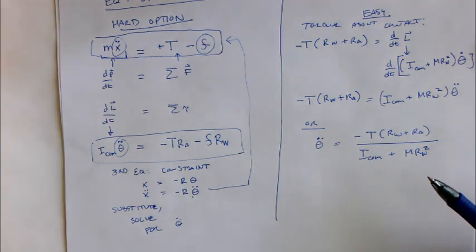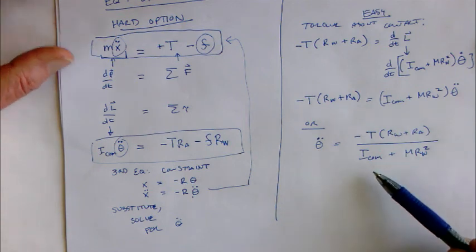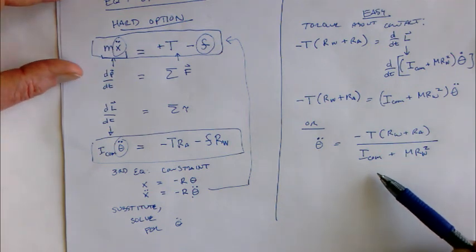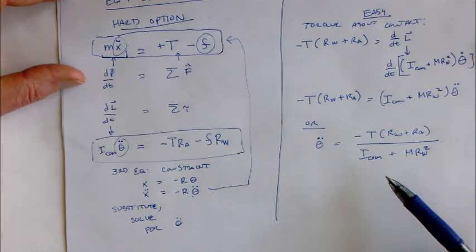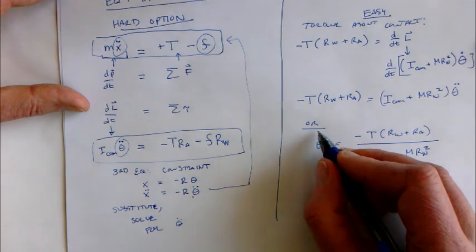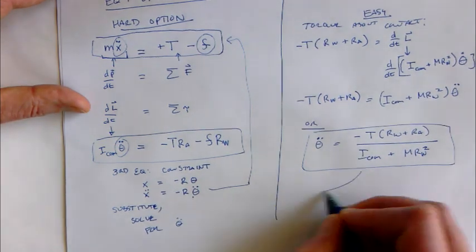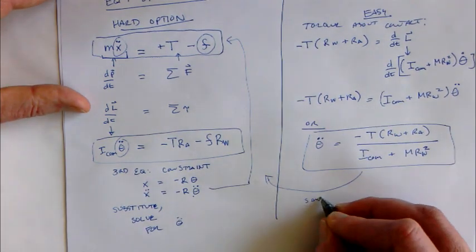Now, it's obviously not always the case that you can do this, but when you've got constraints, this is kind of like choosing your coordinate system to minimize the number of state variables you have. By the same token, choosing your origin to minimize the number of equations or the number of unknown constraint forces that you have can also be a pretty powerful approach. And I'll note that if you do the math over here, you'll get the same answer.